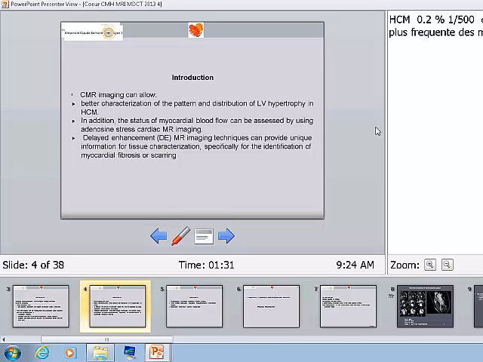In addition, the status of myocardial blood flow can be assessed by using adenosine stress cardiac MR imaging, and delayed-enhancement MR imaging can provide unique information for tissue characterization, specifically for the identification of myocardial fibrosis or scarring.